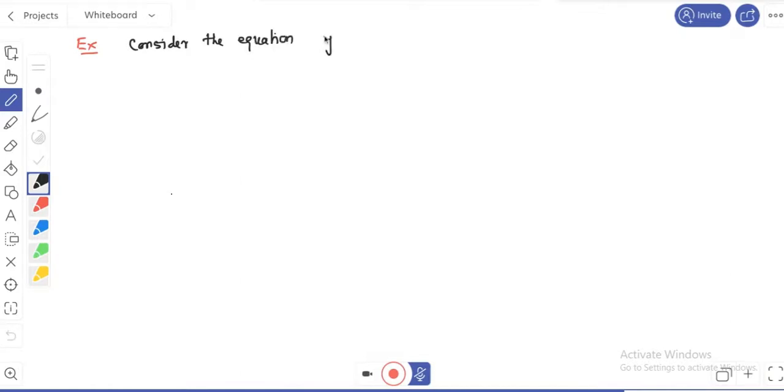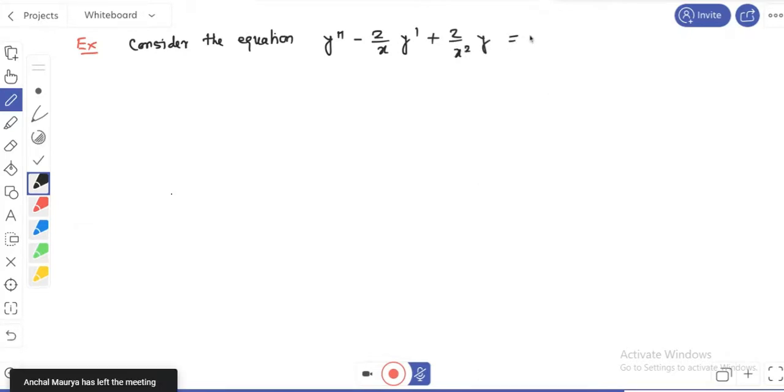that is y double prime minus 2 over x y prime plus 2 over x square y equals some d(x) term. Here x is not equal to 0, because if x equals 0, then this is a singular point.